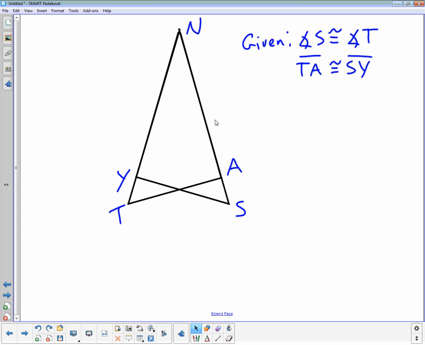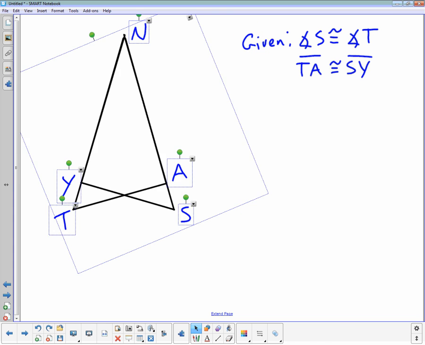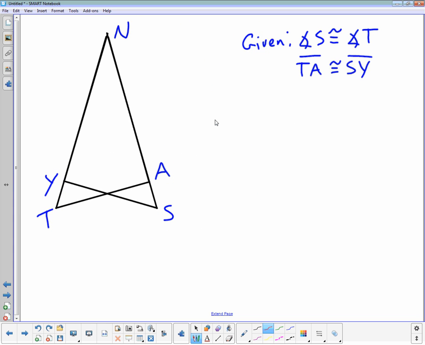All right, so let's go through this. When you have two triangles that are overlapping, it is best to draw them yourself separated so that you can put tick marks in them and look at it in a much easier way. So if we take this thing and split it up into two triangles, it would look roughly like this.